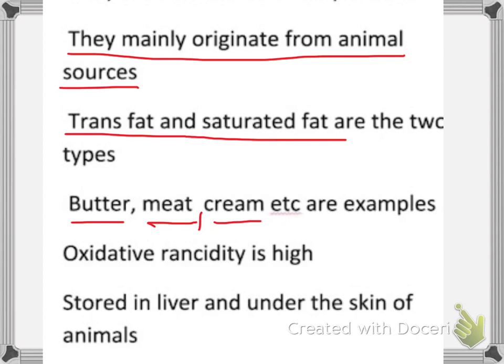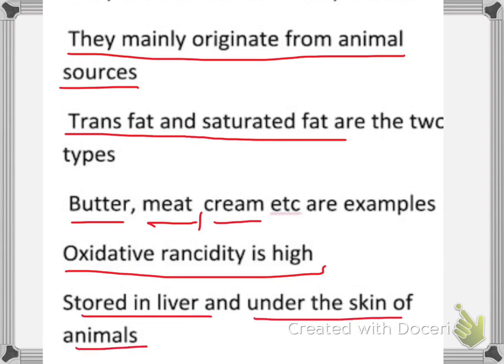For fats, oxidative rancidity is high. What is meant by oxidative rancidity? It is the reaction of fatty acids with oxygen. Fats are stored in the liver and under the skin of animals.